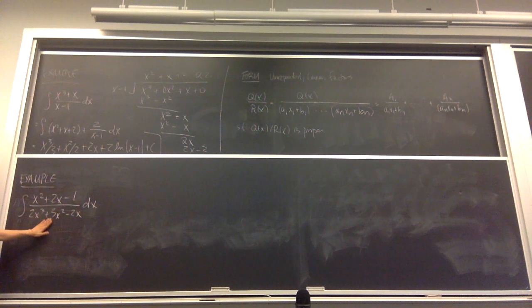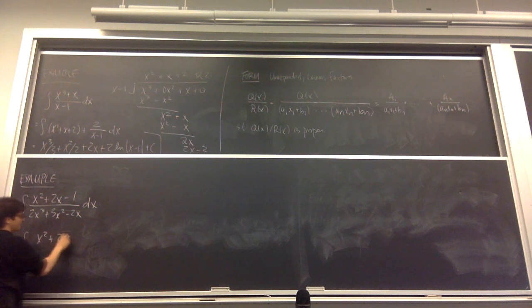What does this factor to? No one notices that we've already done this. Or does someone notice? I factored this already for you. It was like the first example. All right, so this is x squared plus 2x minus 1 over x, 2x, x, and I just got to work it out.